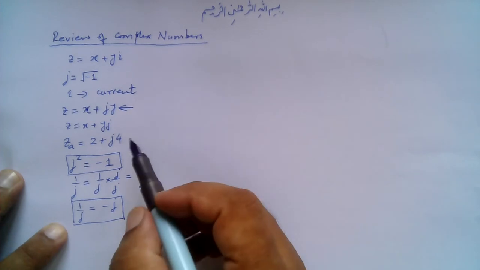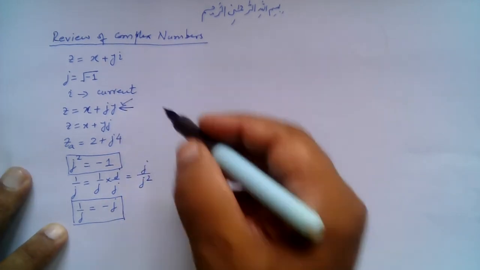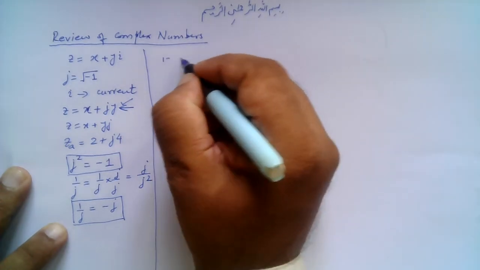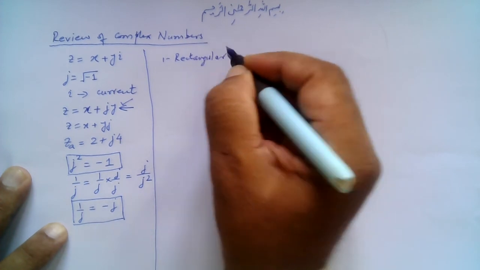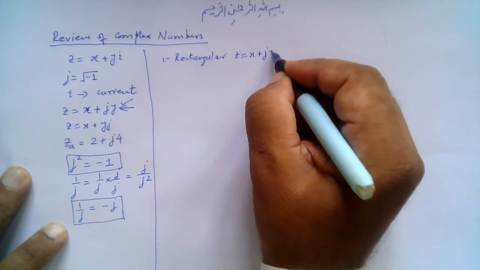So this is the rectangular form of the complex number. A complex number can be written in three forms. One is the rectangular form, that is z is equal to x plus jy.